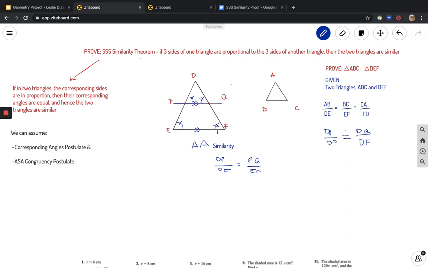Now what we can do from there is substitute, instead of DP, our segment AB, which is from our other smaller triangle over here. And instead of PQ, we can substitute BC.